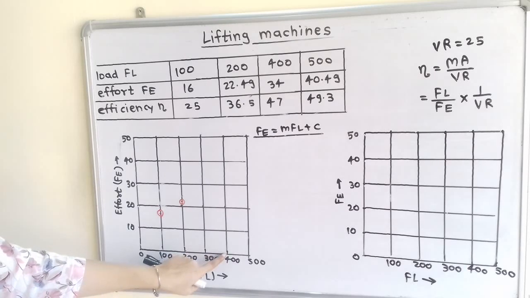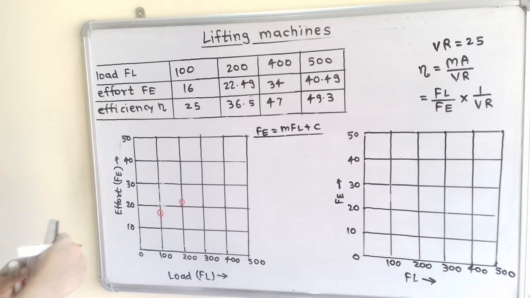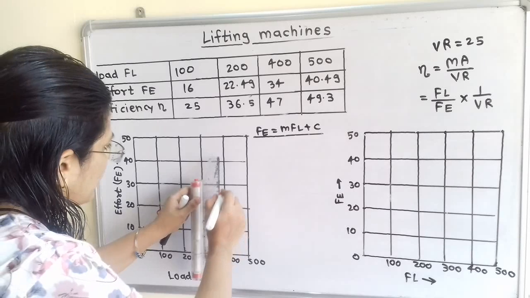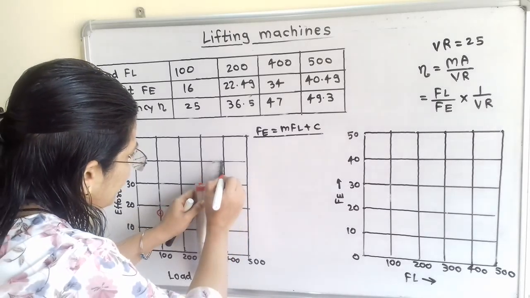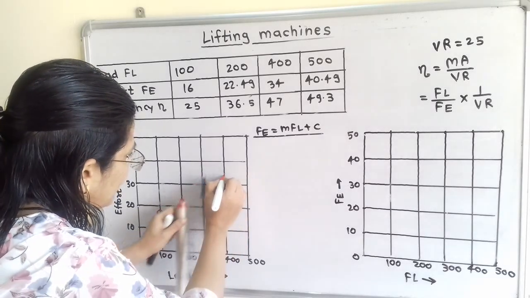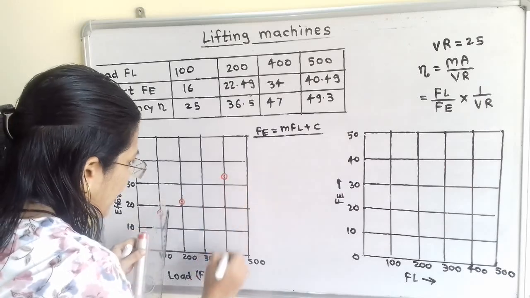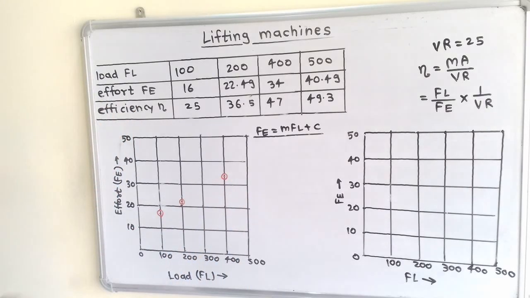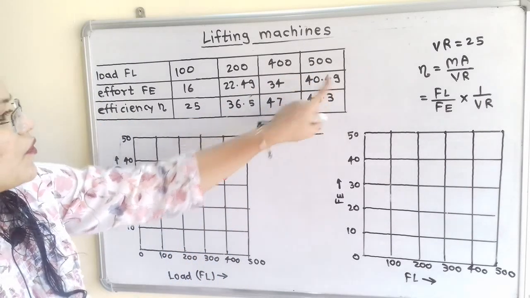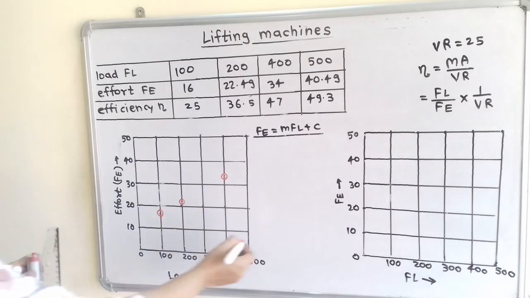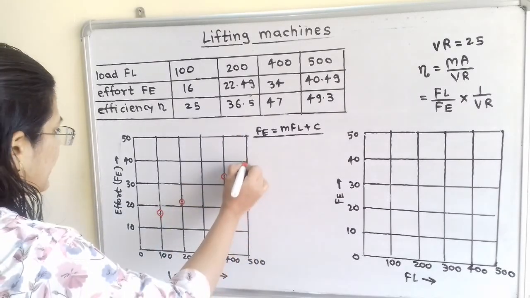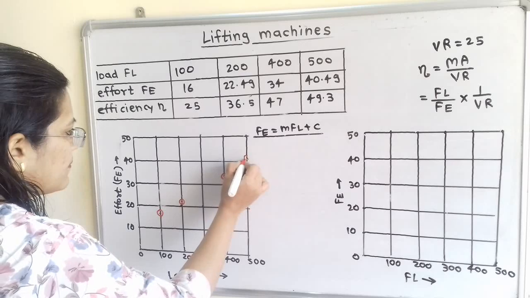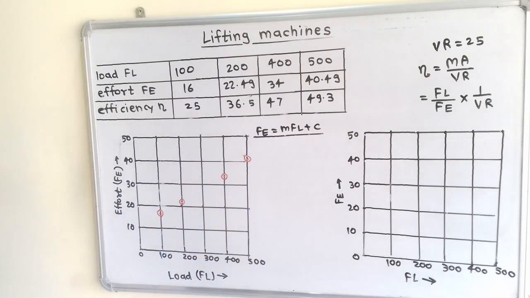So here is 400, and in between 30 and 40 we select the middle line, and slightly below that we select the value of 34. Then for 500 it is 40.49, so we select slightly above 40. So these are the points.